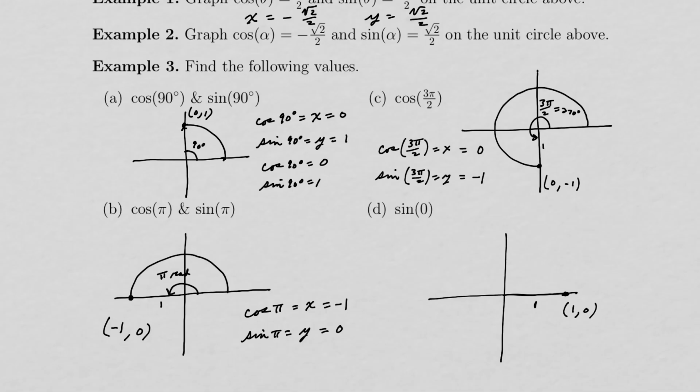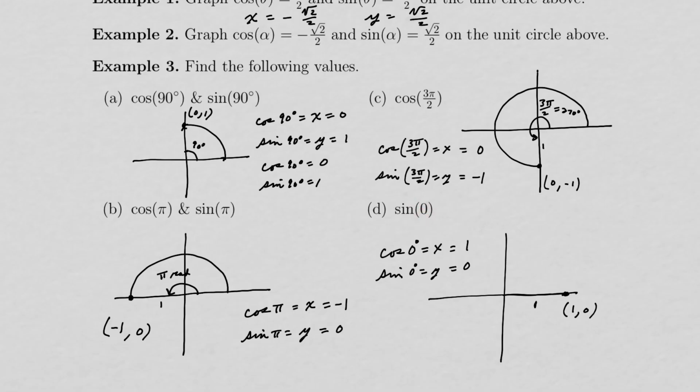So that means, again, that cosine of 0 is equal to the x value, and sine of 0 is equal to the y value. So cosine of 0 degrees is equal to 1, and sine of 0 degrees is equal to 0.